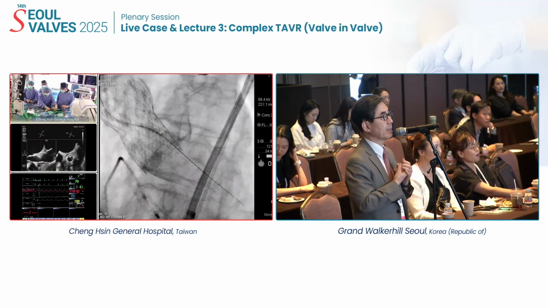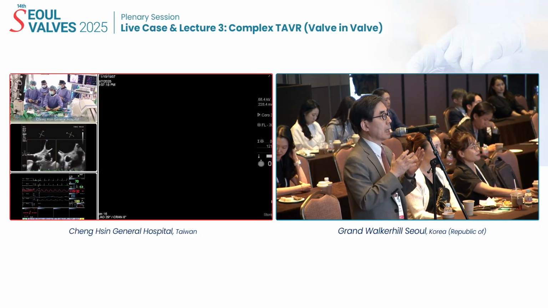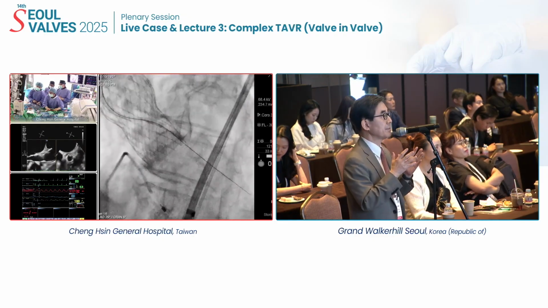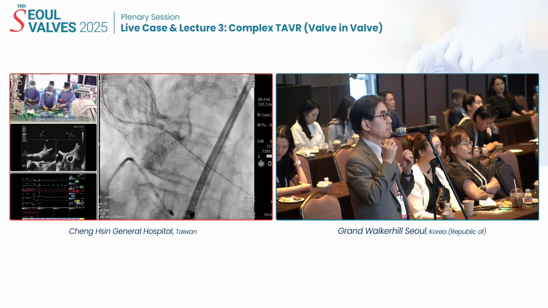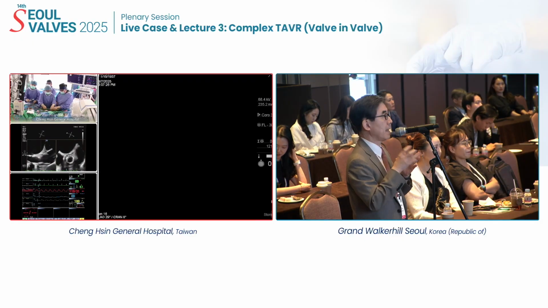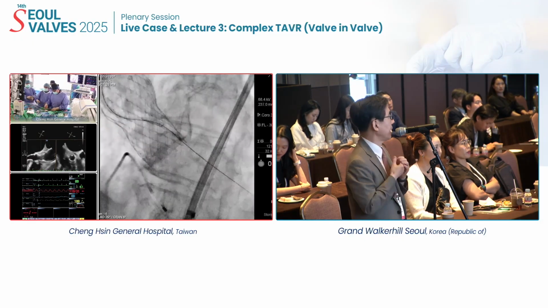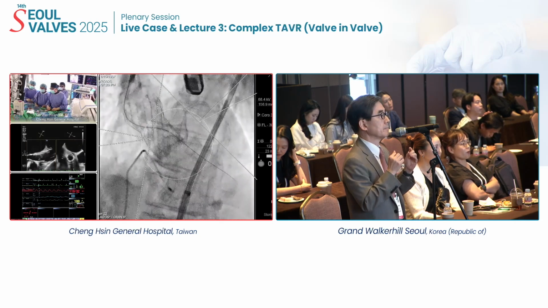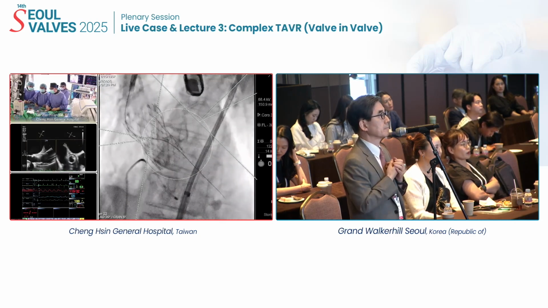Then implant TAVR. I'm concerned about the hemodynamic instability immediately after balloon-mediated rupture of the left aortic leaflet. Is there any problem?